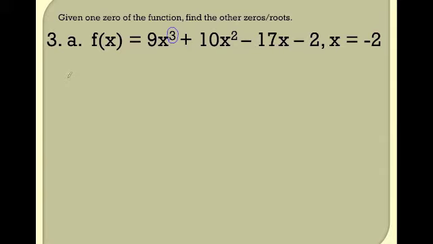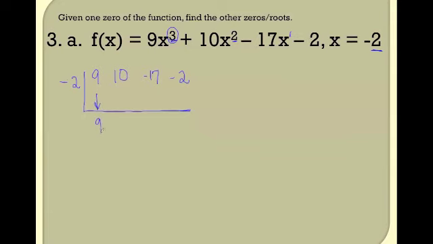So I use my root here, and then my numbers across for synthetic are the coefficients. And I need to make sure there are no values missing. And since these are in decreasing order, 3, 2, 1, none, that's good.